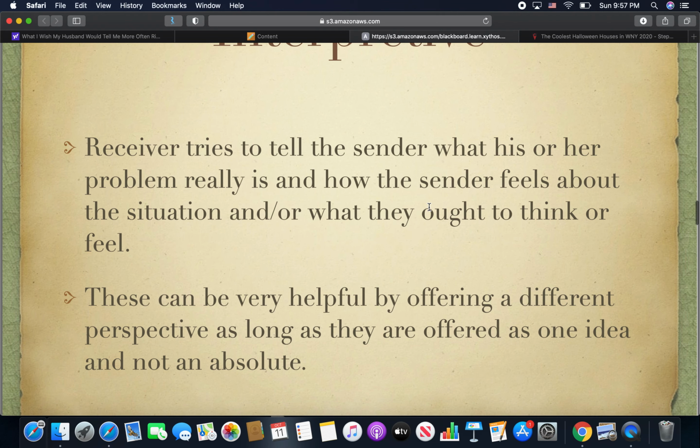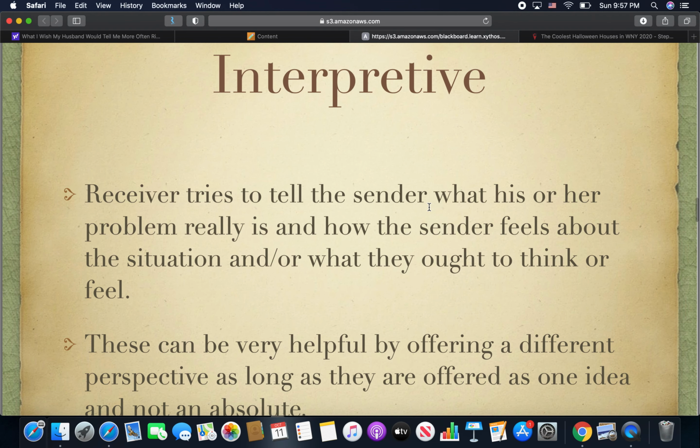The next one is the interpretive, and this is where the receiver tries to tell the sender what his or her problem really is. Sometimes this can be good because it may give the sender a different perspective than they had previously seen.